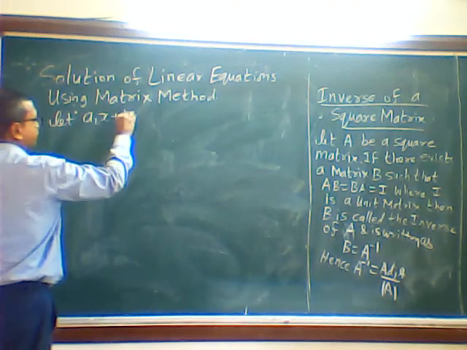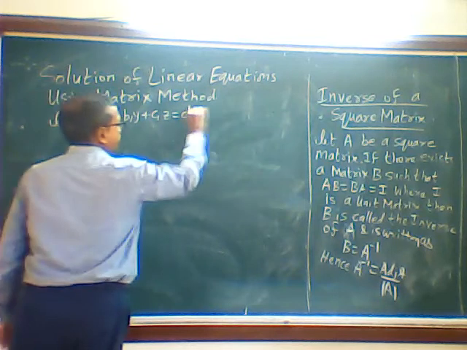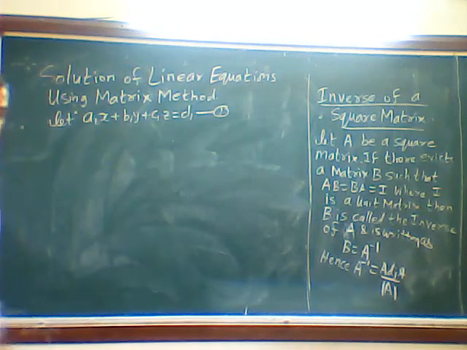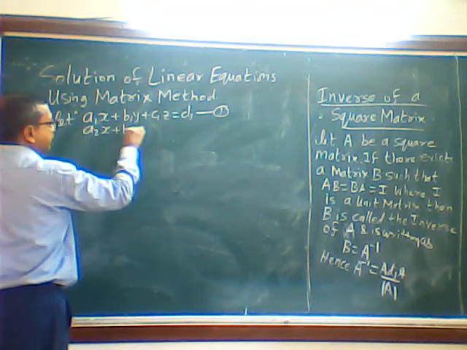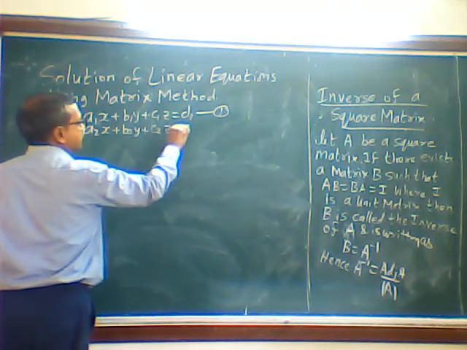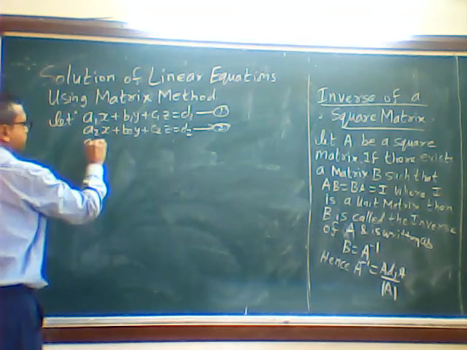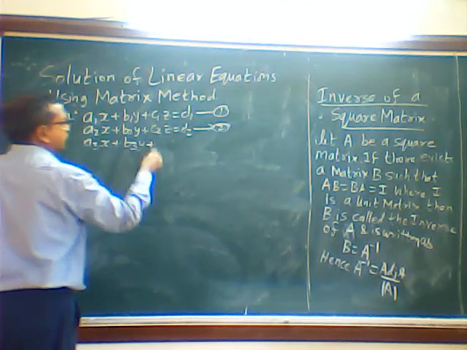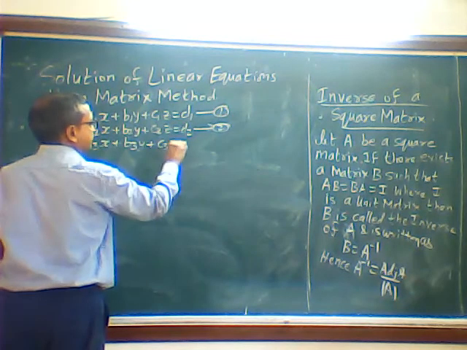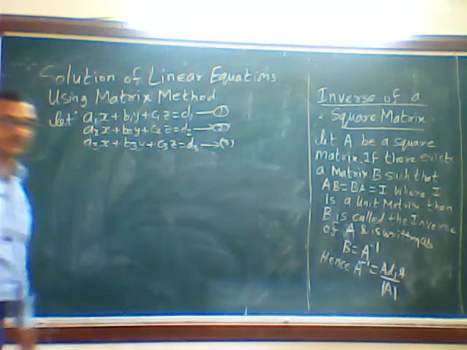a1x plus b1y plus c1z is equal to d1, equation number 1. Okay, next a2x plus b2y plus c2z is equal to d2, equation number 2. Next a3x plus b3y plus c3z is equal to d3, equation number 3.